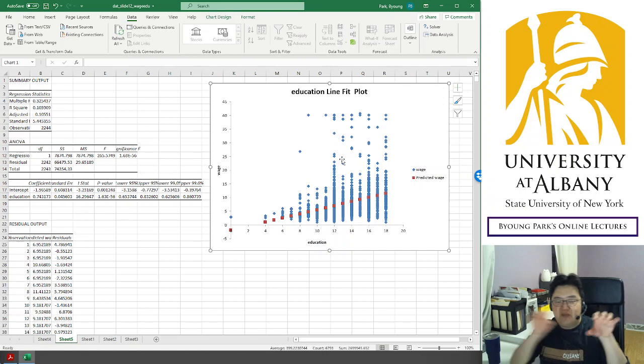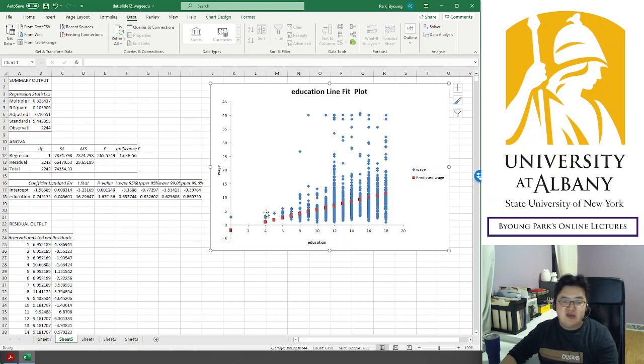There may be some people who drop out of school before graduation, but it's hard to see from here. And then the red line is the predicted trend line. So linear regression can automatically calculate this. The red line shows a trend which is clearly increasing, right?